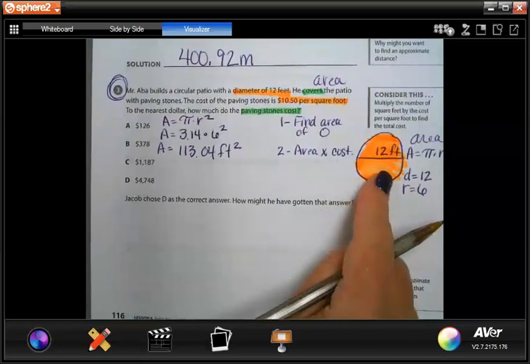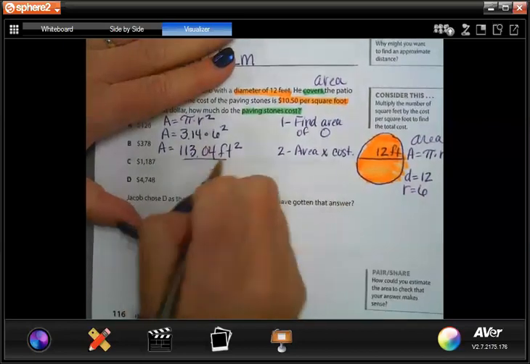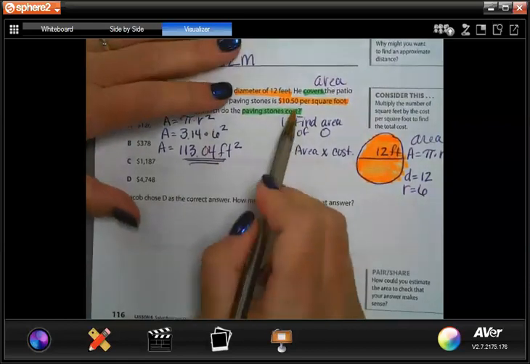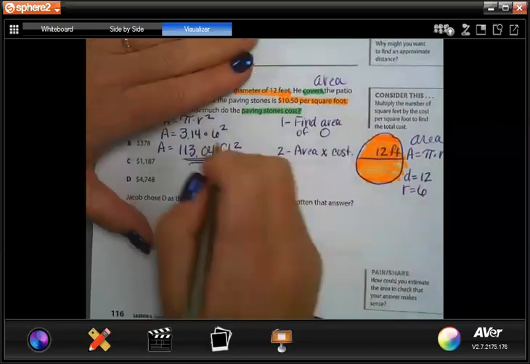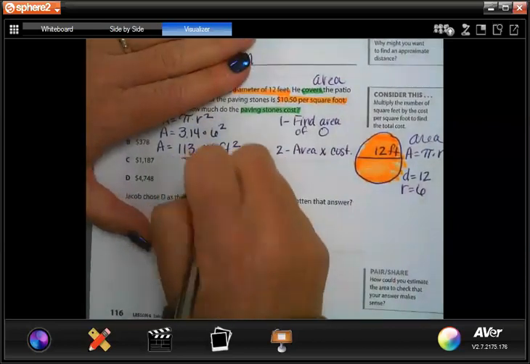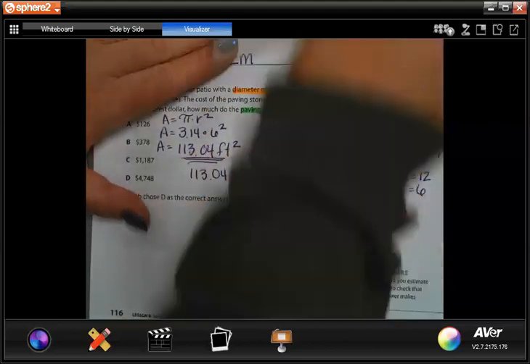To find my cost, I'm going to take the total area and multiply it by how much it costs per square foot. So I'm going to go 113.04 times $10.50.